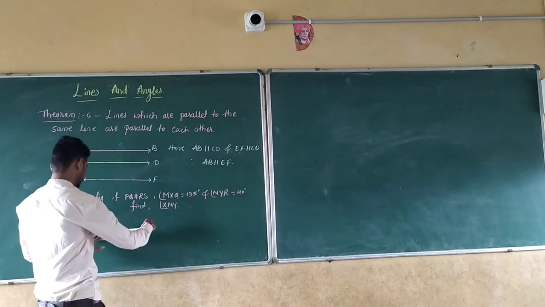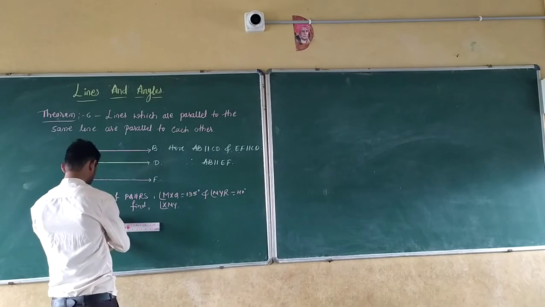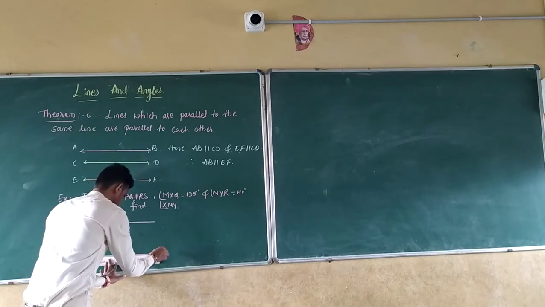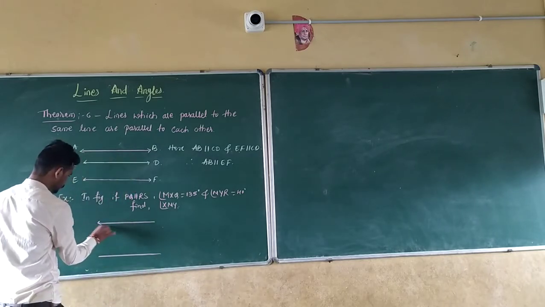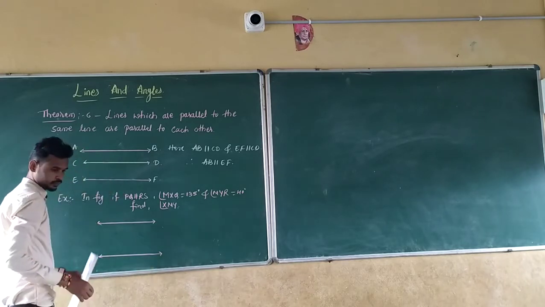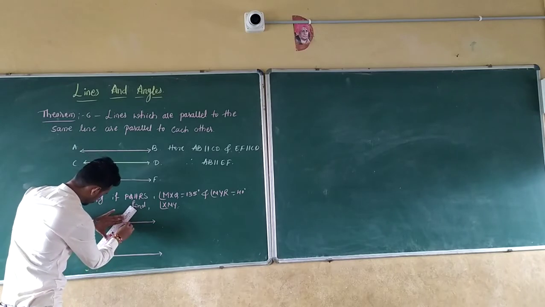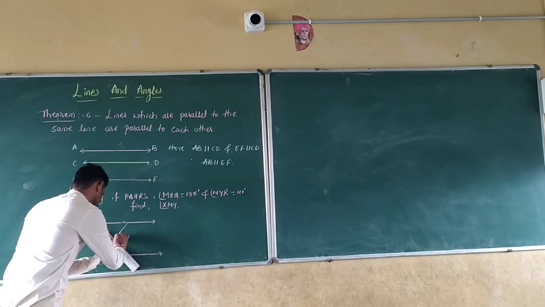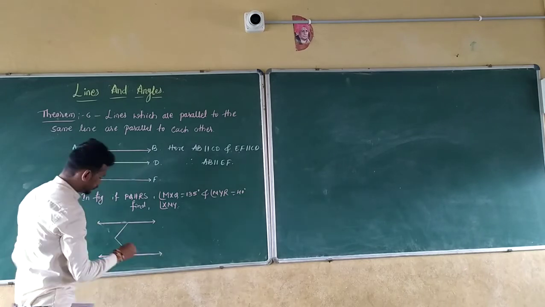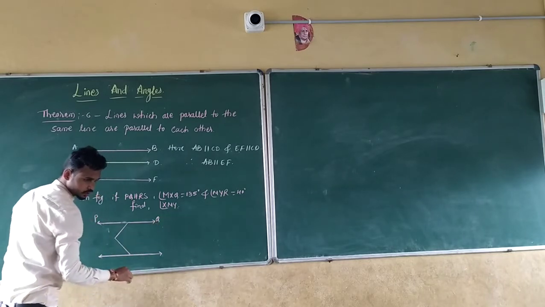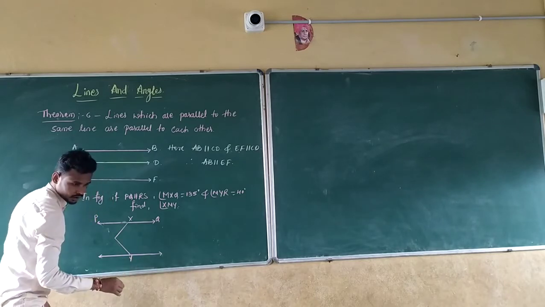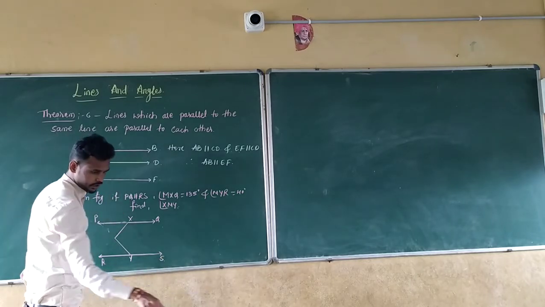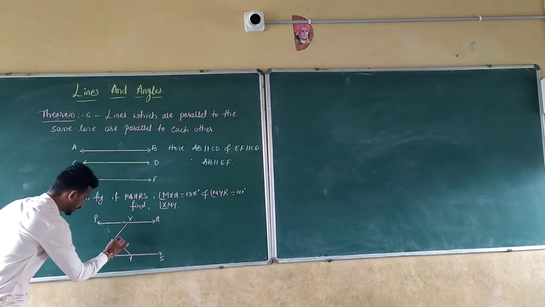So they have given the figure. We have drawn this diagram with PQ, X, Y, AB, RS, and here it is M. We need to find angle XMY.